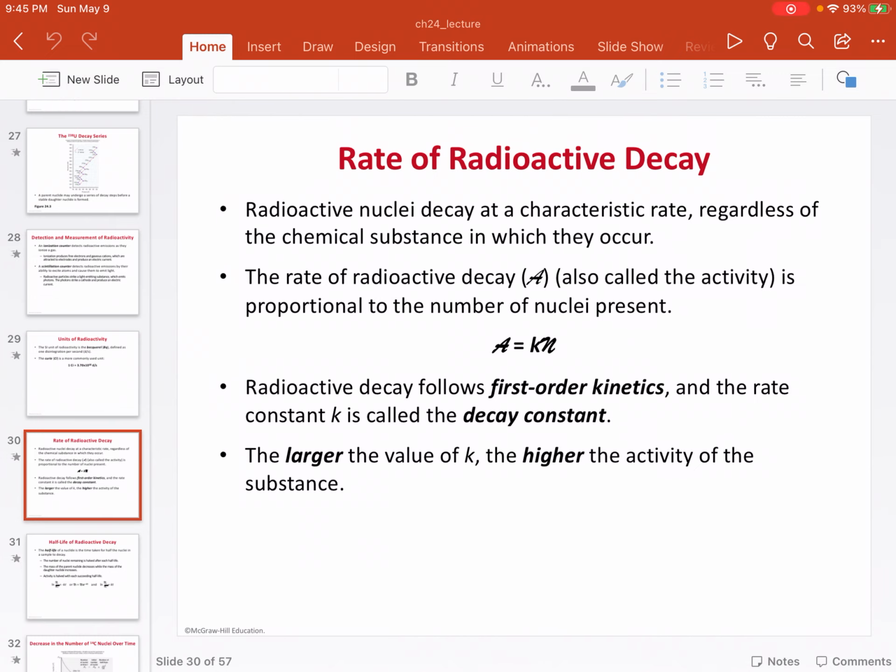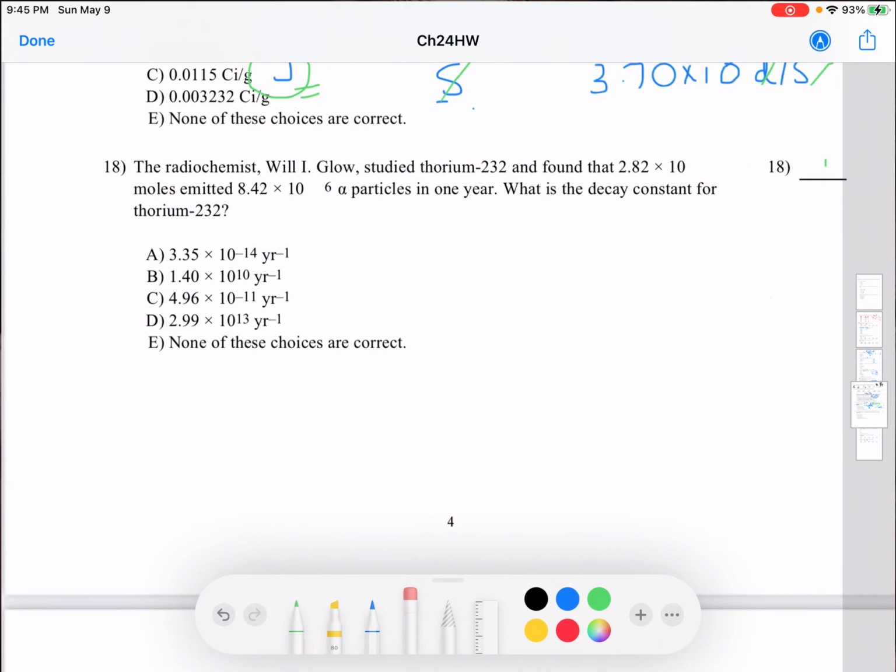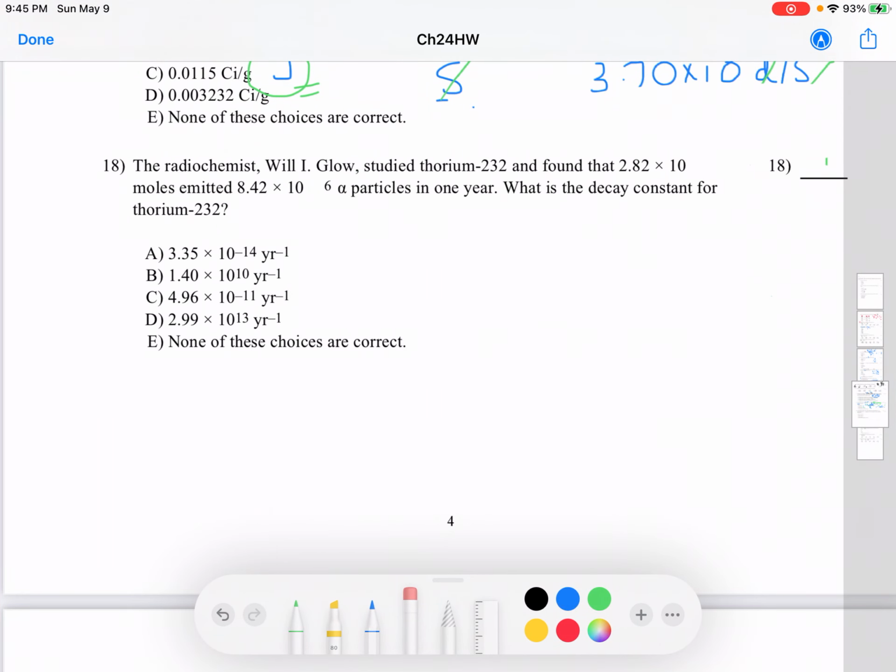So we're going to use this equation: A equals Kn. We're going to find out K. So then the K would be A over N. A is the specific activity and then N is the number of nuclei.